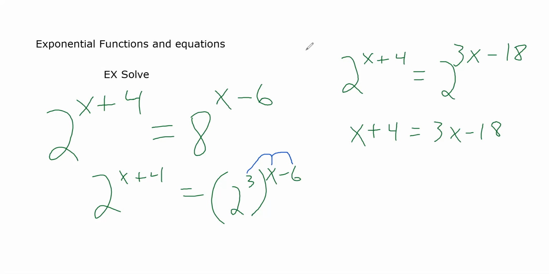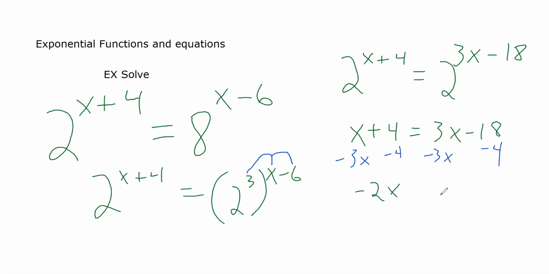I'll subtract 3x from both sides. I'll also move the 4 over there. And so I'll end up with negative 2x on the left, x minus 3x.